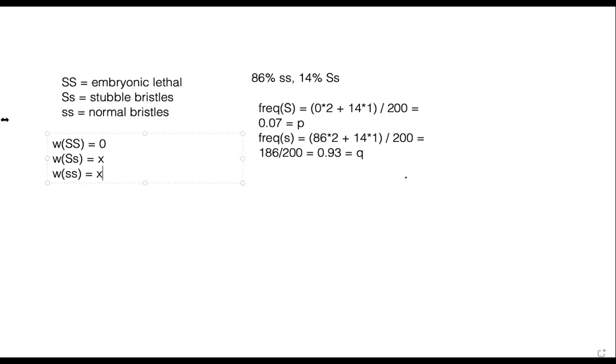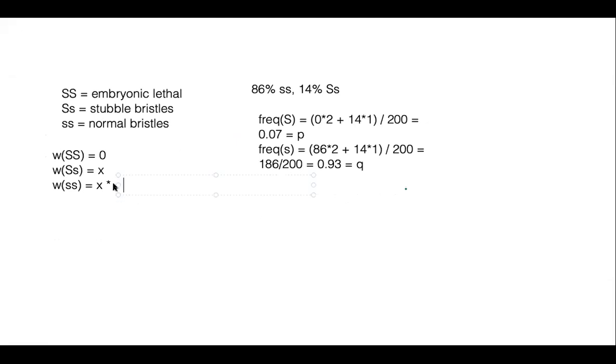But we have to add something else, because not only do little s flies have a certain probability of dying before they get to breed, they also have a probability that the experimenter is going to take them out. And Shepherd is removing 60% of the wild type flies before they can breed.